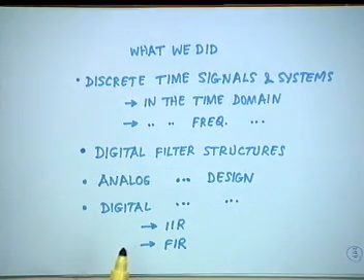We only discussed the analytical techniques. The computer aided techniques are modifications of optimization procedures, numerical optimization procedures, and in FIR the Remez exchange algorithm is very much used, that you can get in any book or any program.